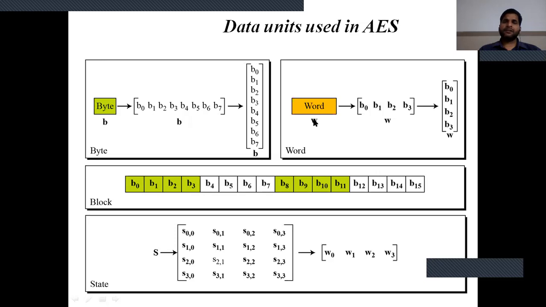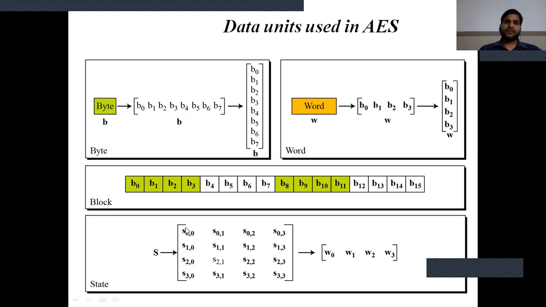Any word W stores B0, B1, B2, B3 and is transformed into a column. Blocks are formed like that: B0 to B15 are divided into 4 blocks: B0 to B3, B4 to B7, B8 to B11, B12 to B15. These inputs are stored in the intermediary state.